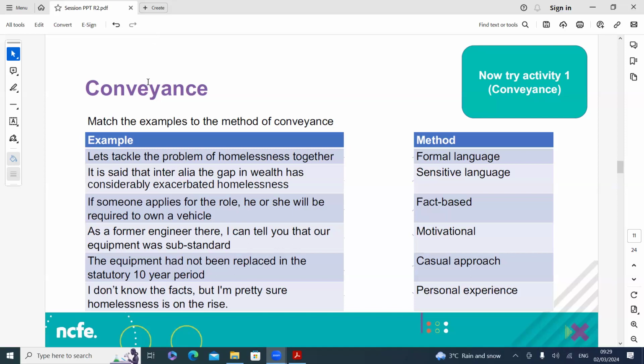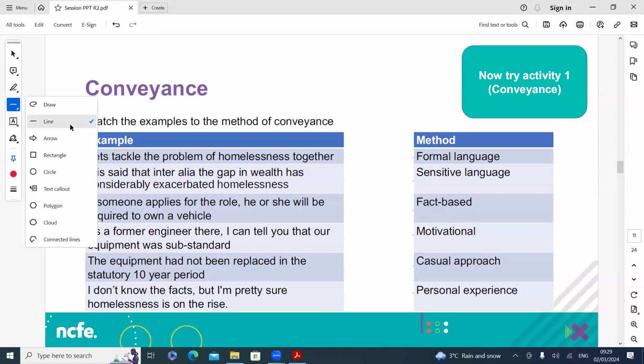Okay. So, which example uses formal language? So you need to unmute yourself.